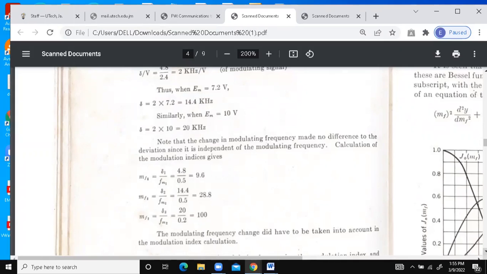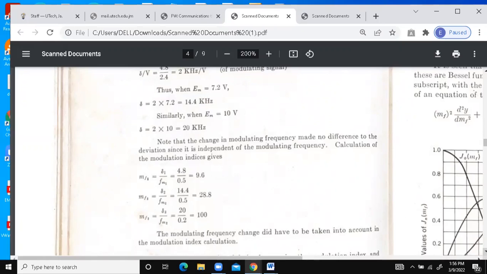It wouldn't get transmitted to the receiver. But you'd have a band, a filter band. Okay.